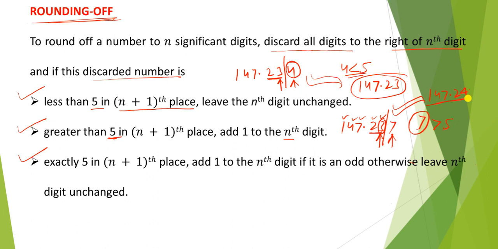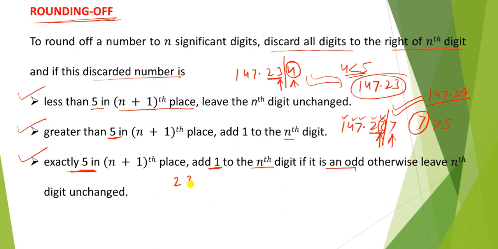Now the third case: if the n plus 1th digit is exactly 5, then increase the nth digit by 1 if it is an odd number, otherwise leave the nth digit unchanged.